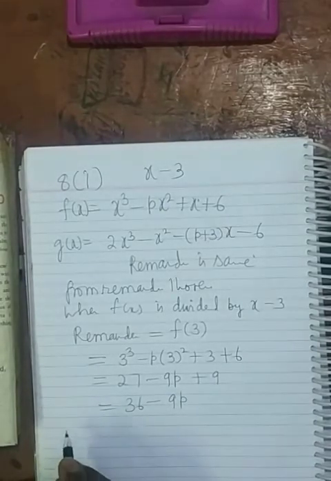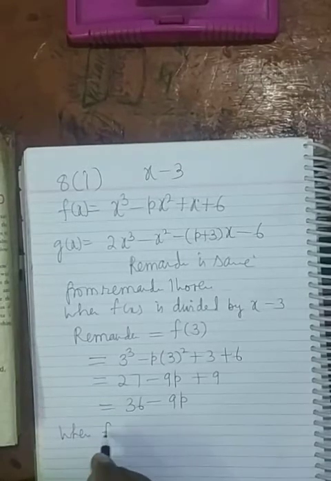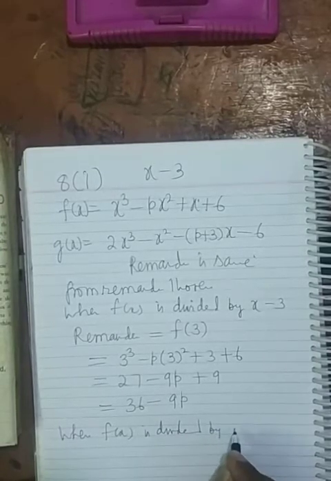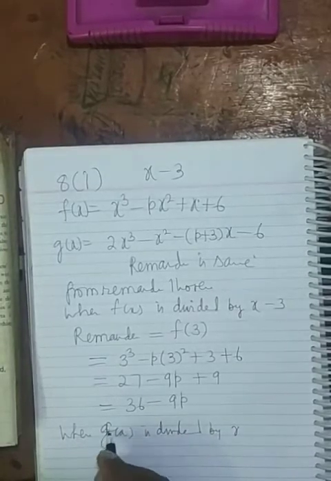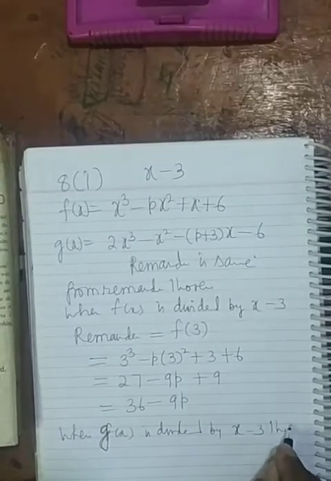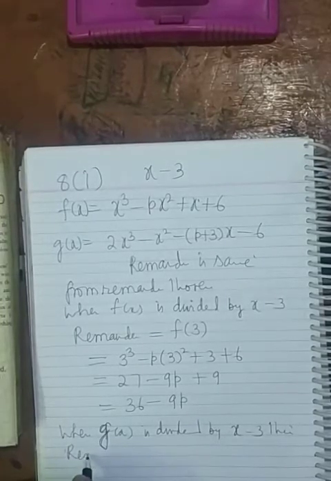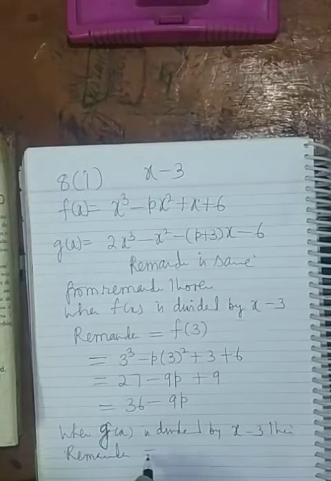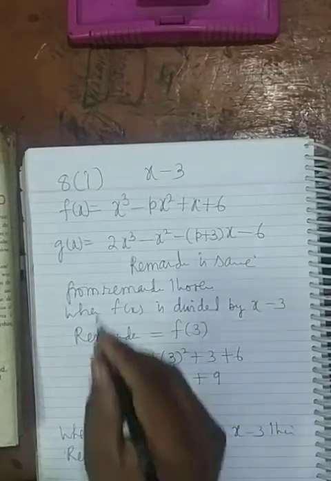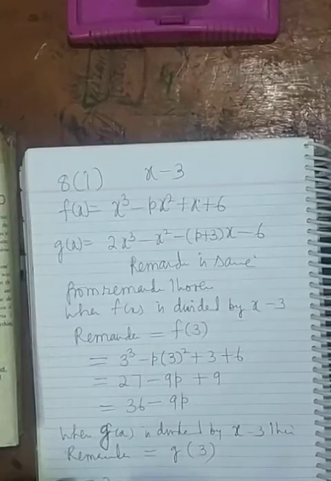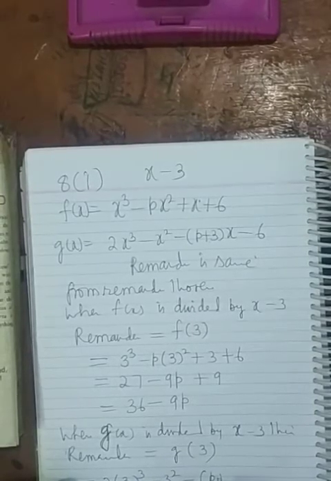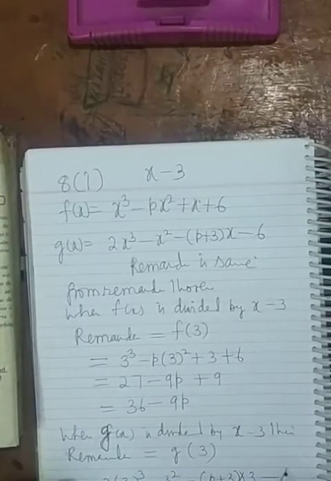Similarly, when g(x), the other polynomial, is divided by x minus 3, the remainder will be g of 3. Now you find g of 3. It will equal 2 into 3 cube minus 3 square minus (p plus 3) into 3 minus 6.